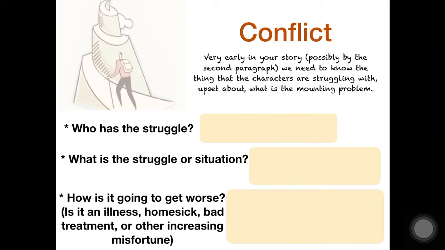So the struggle that he's having is being a slave and being owned, and so your character, whatever you want to name him, would be who is having the struggle. His struggle is that he does not want to be owned anymore, that he wants to be free, and that he has to travel a long ways to get across that Mason-Dixon line to the north to be free.